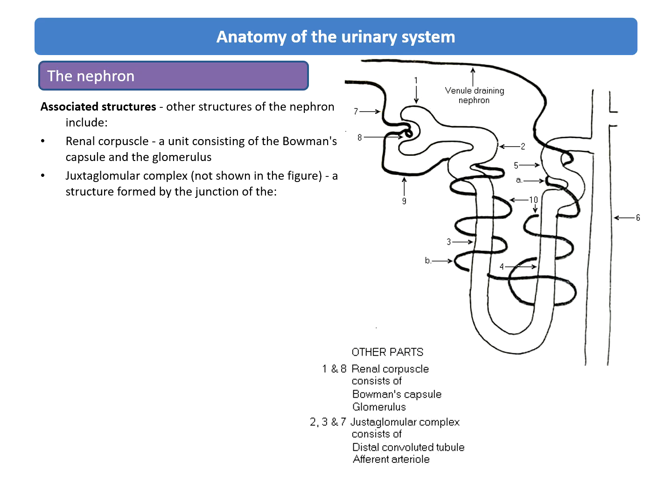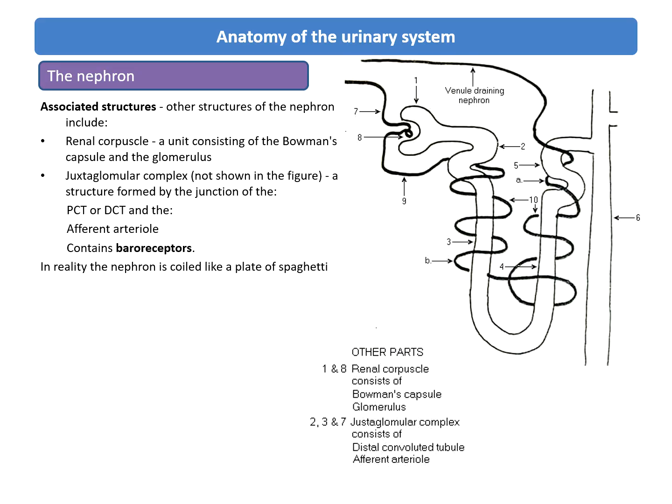The juxtaglomerular complex is not shown in the figure, but it's a structure formed by a junction of the PCT or the DCT and the afferent arteriole. It contains baroreceptors. In reality, the nephron doesn't look like this diagram. It's more like a plate of cooked spaghetti with many, many tubes all twisted together.